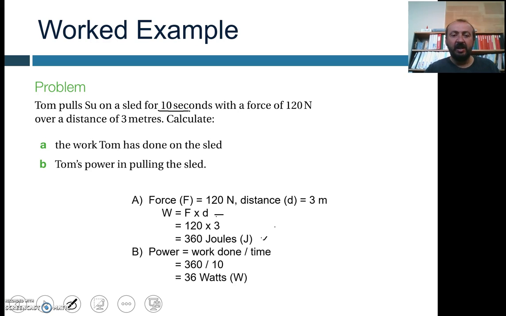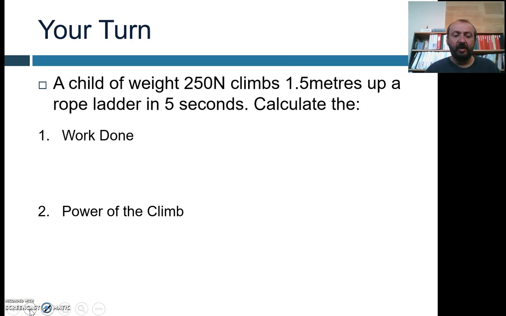So what we're saying is that Tom was having to burn up 36 joules of energy every second to accomplish that, or 36 joules per second was being exerted on the sled. Okay, hopefully you got that one worked out.